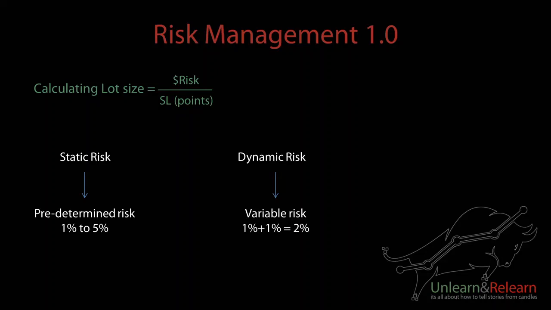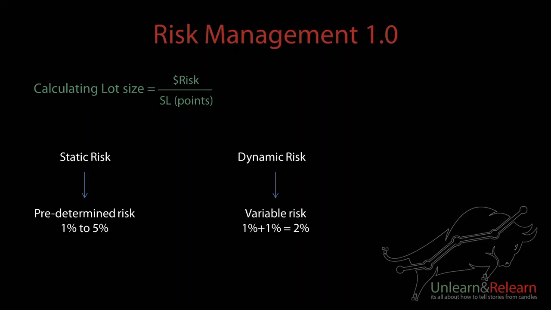Really important. Let's say we have Brian here, and Brian says, I'm going to use 3% risk on this one trade, but I'm going to break down 3% into three 1% positions. Makes sense? Now you're breaking down your risk. That's what dynamic risk is.